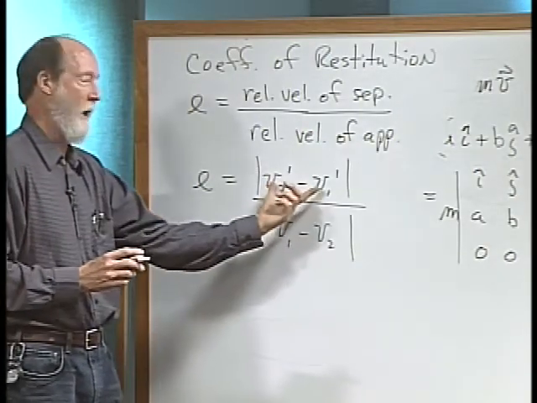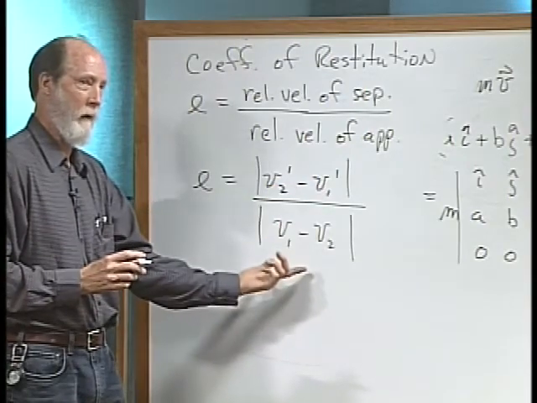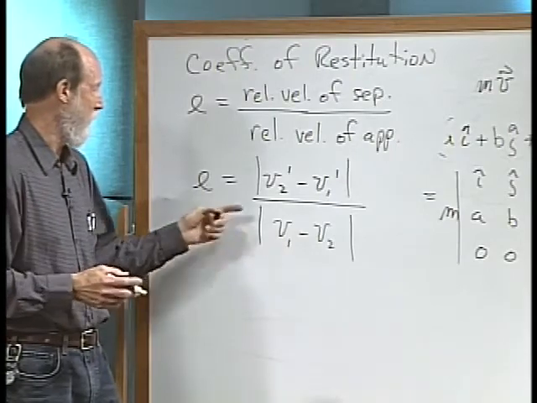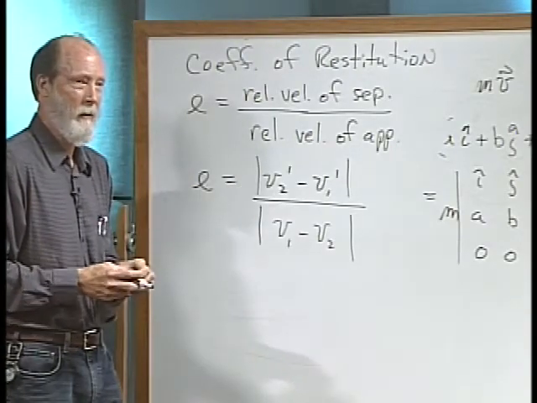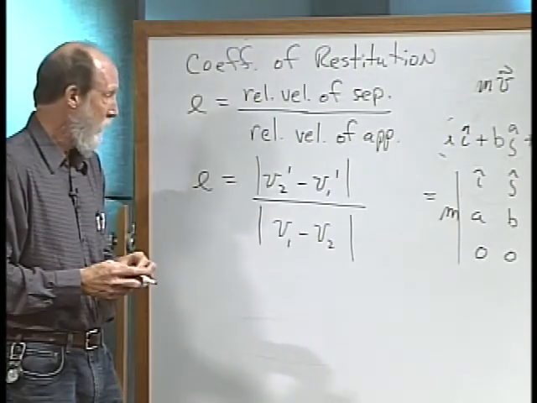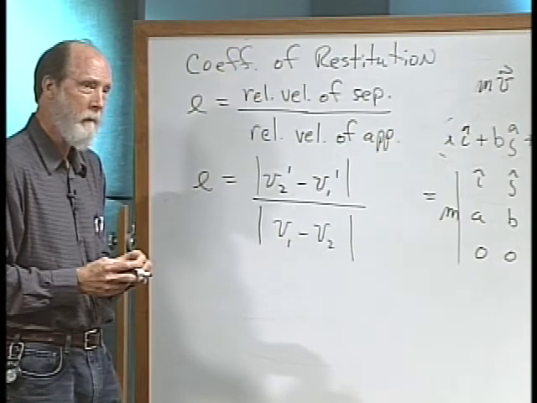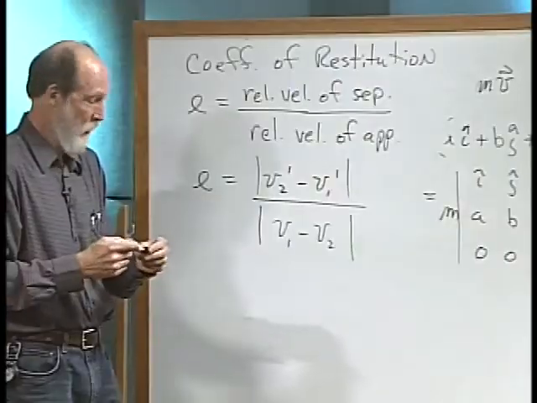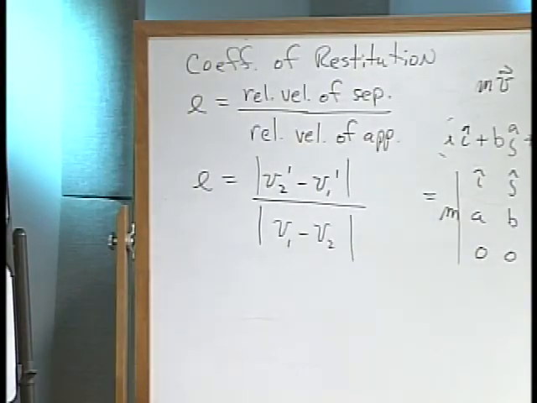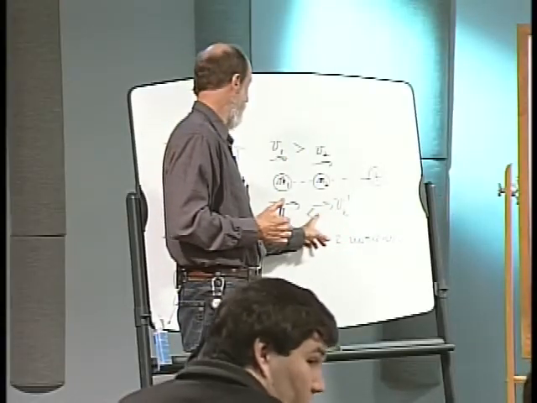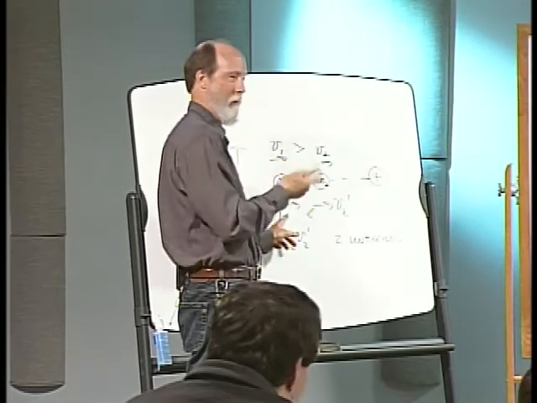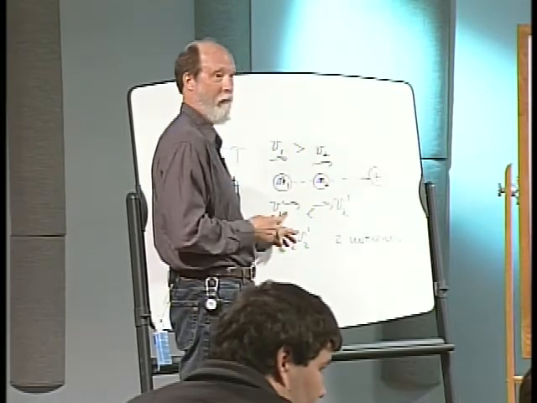This is after impact, and this is prior to impact. Just changing signs. And notice I slapped absolutes on them. Yes, because I wrote this as the fact that this one was greater than that one, and I was just trying to get positive values shown without the absolutes there.